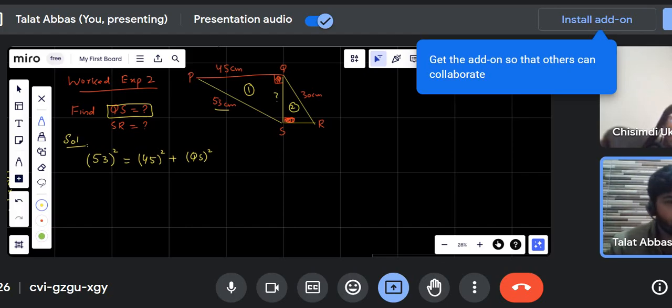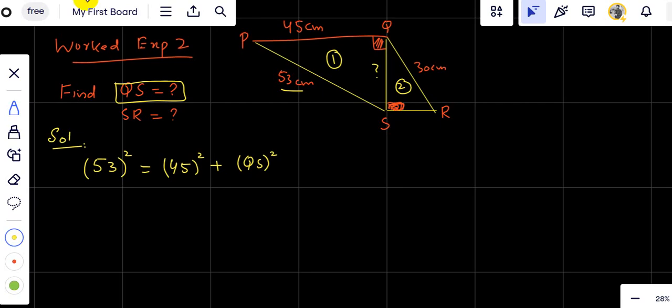Can you write this? Yeah, we can write. We are not bound to specify the sides here, like which one is opposite or adjacent, so we can use it directly. So what is the square of 53? 2809, right?